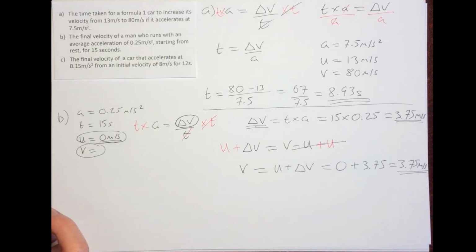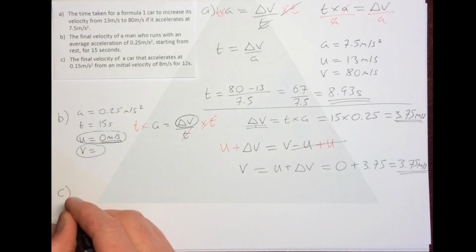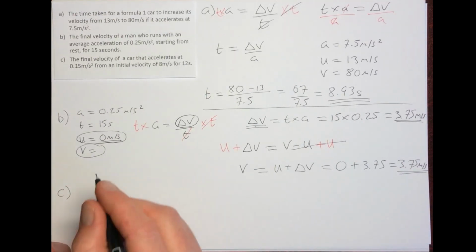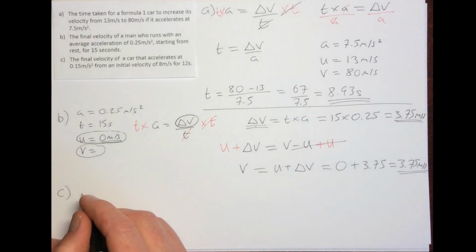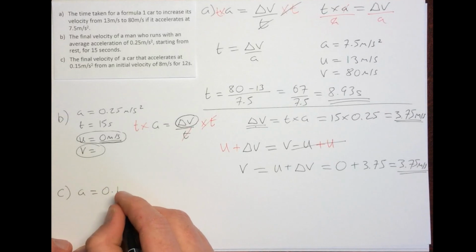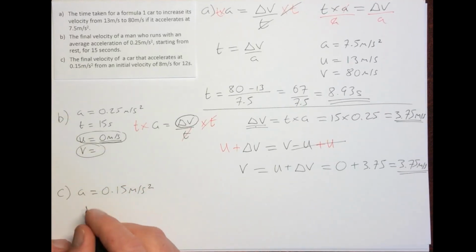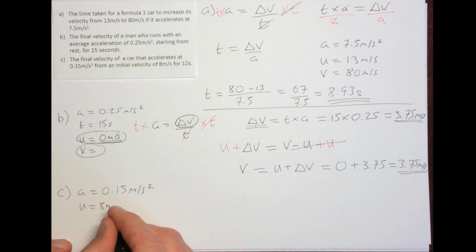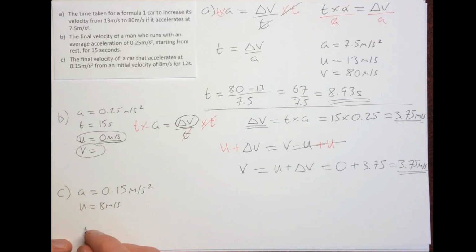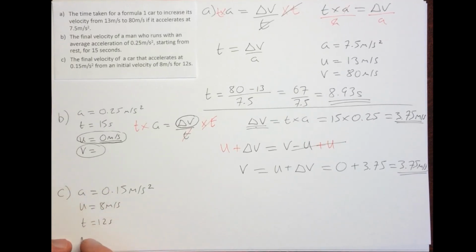So there we go. Let's have a look at part C. Now for part C, again we're looking for the final velocity here. So we know that the acceleration is 0.15 meters per second squared. We know that the initial velocity is 8 meters per second, and we know that the time is 12 seconds, and we don't know v.